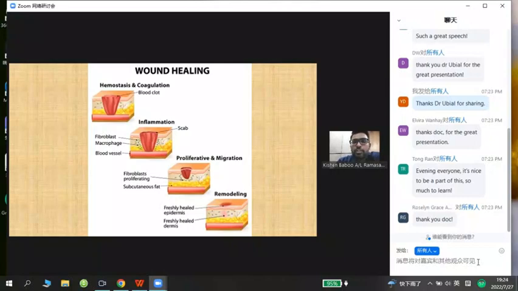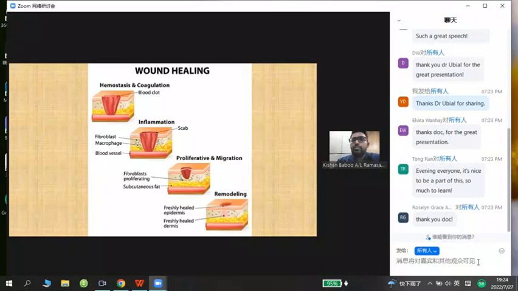So all these 4 stages can occur together, meaning during hemostasis, there may be inflammation. With inflammation, they may still be having proliferation. So these stages can actually occur together. It's important for all the stages to occur optimally and within the given time frame.